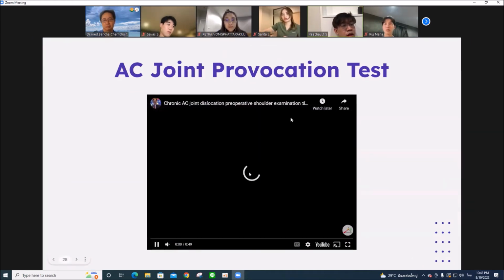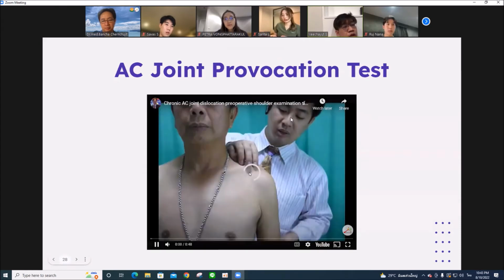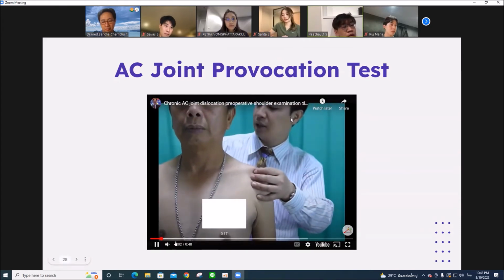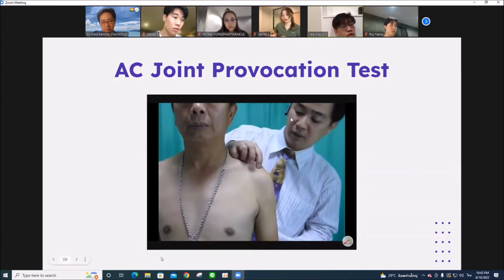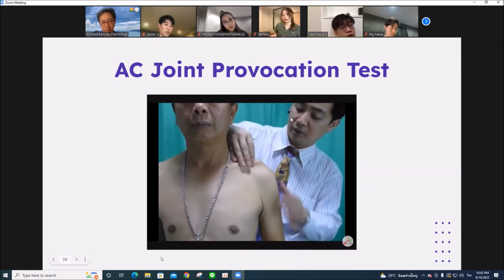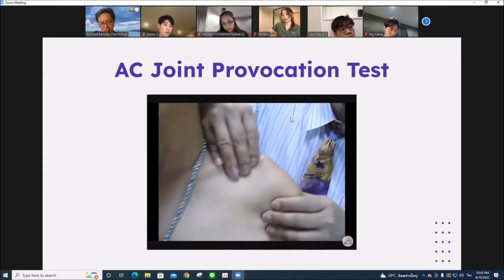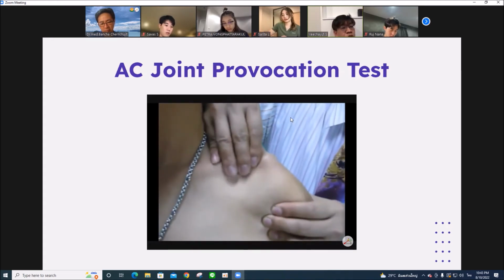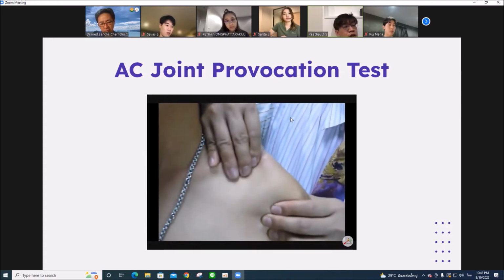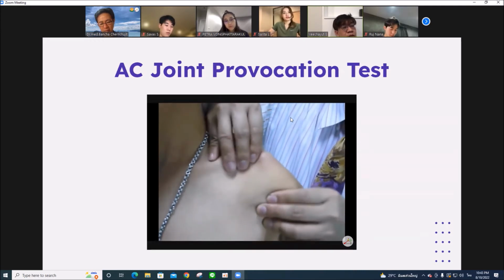This is the AC joint provocation cluster test. Basically, this is where we test the shoulder range of motion, and we can see the abnormal contour and the pain that the patient has. So it's a series of tests to evaluate AC joint instability.